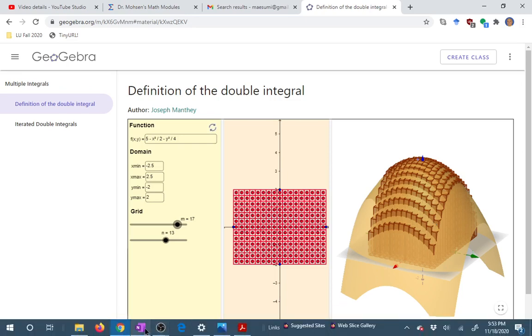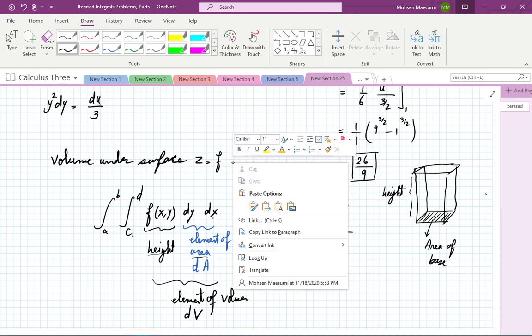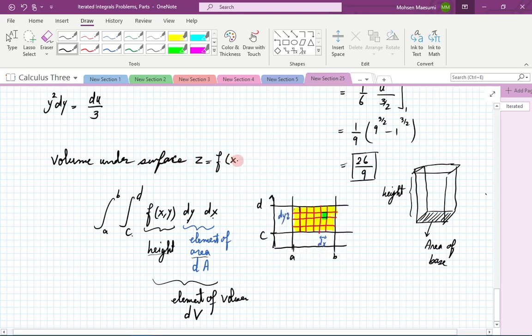So what we are doing in this case, you can think about it as calculating the volume of a region, that is, the volume under the surface z equals f of x and y, and over the rectangle.